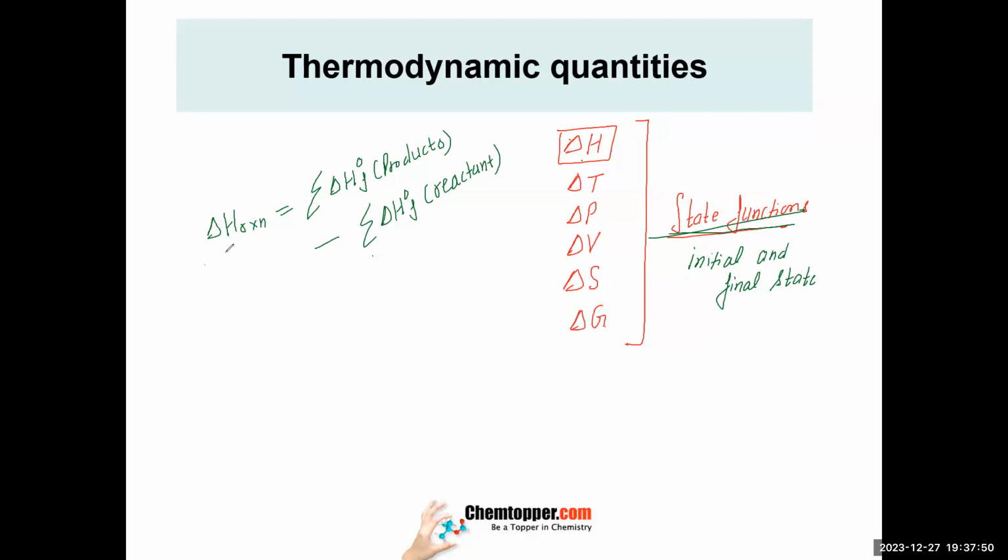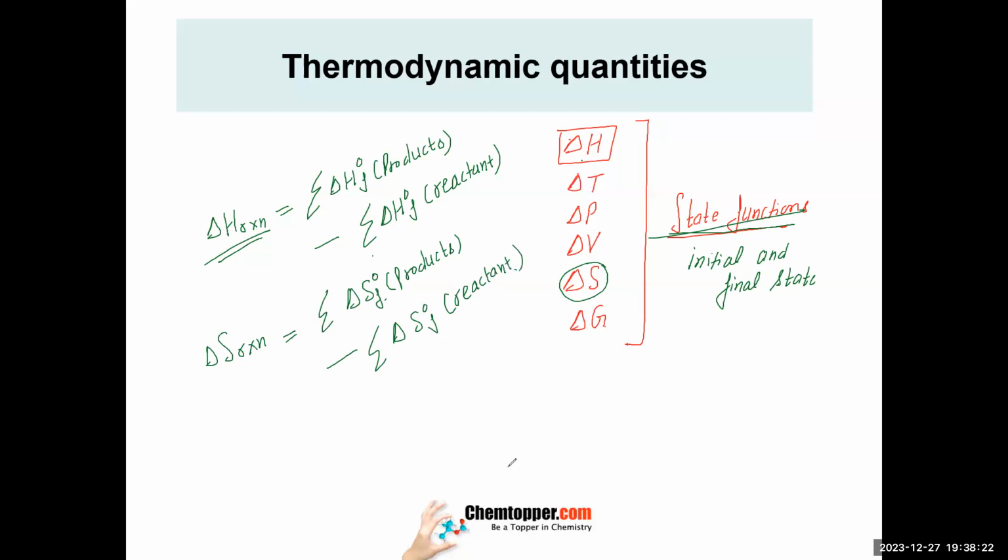Exactly in the same way, the way I've written delta H reaction, you can write delta S. So what is delta S reaction? Same equation. It is the summation of delta S naught of the products, you can put formation here, minus delta S naught formation of the reactants.